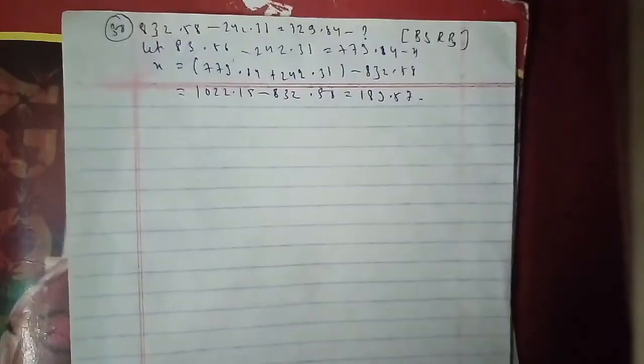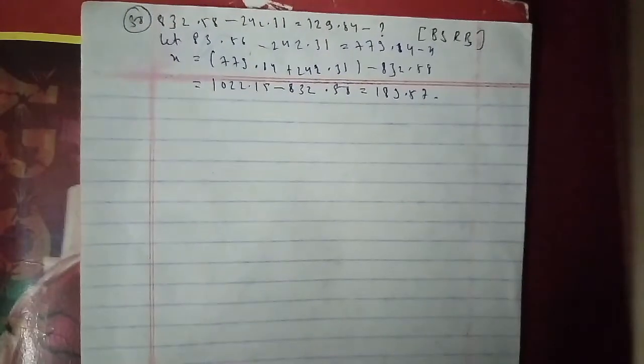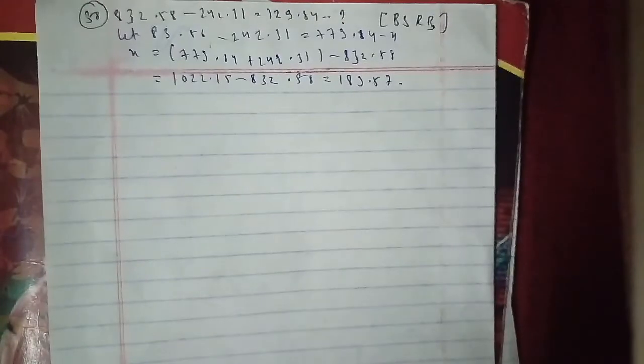Let's go ahead with another question, which is the 59th question of the session. But I think we will stop here so that the solutions can be given in the next class. But yes, we'll do one more question, and then we'll end.